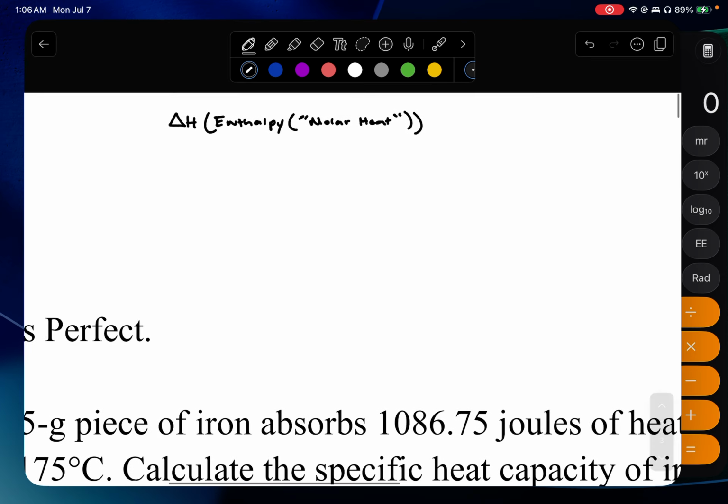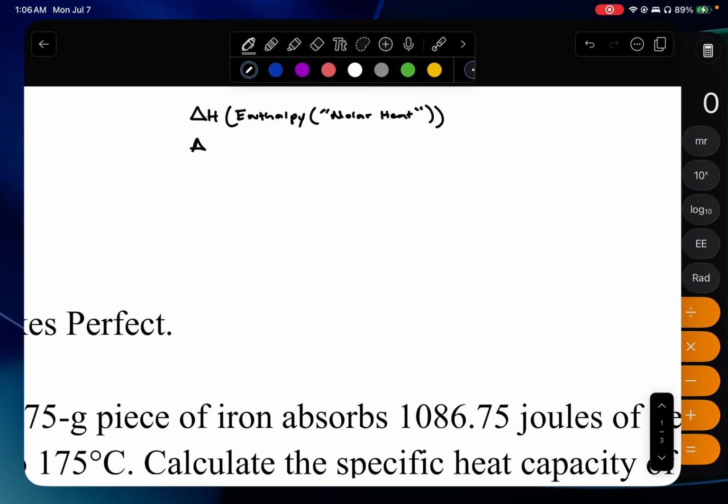I don't think we need to know that for this, but I'm just writing it down. Now, delta T is something that we need to know. Delta T is change in temperature. Delta is change, so change in T is change in temperature.